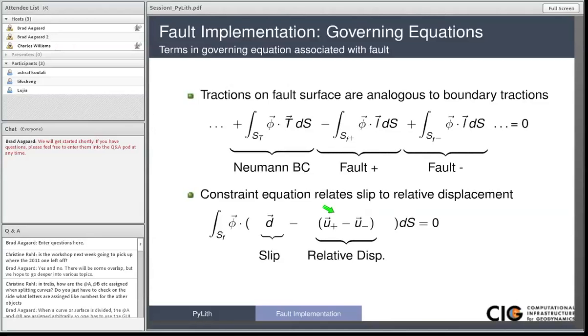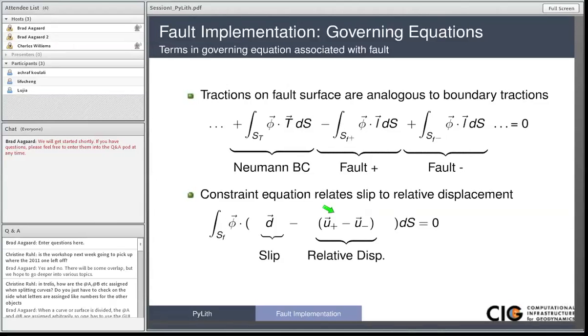When the relative displacement is the desired value, which is our slip, then we want that to be equal to 0. In the finite element case, we don't set that explicitly equal to 0. We set the integral over the fault surface, dotted with our weighting function, equal to 0, as we would for our weak form for finite elements.